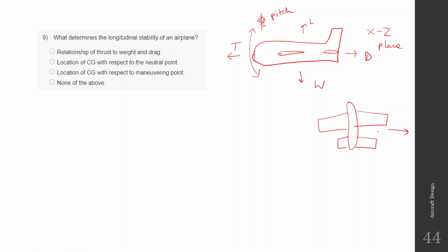Suppose your side forces, or rotation along this axis, or it could be yaw motion, roll motion. Yaw and roll are coupled, so they are not independent. So yaw motion, roll motion, side forces, these come under lateral stability.